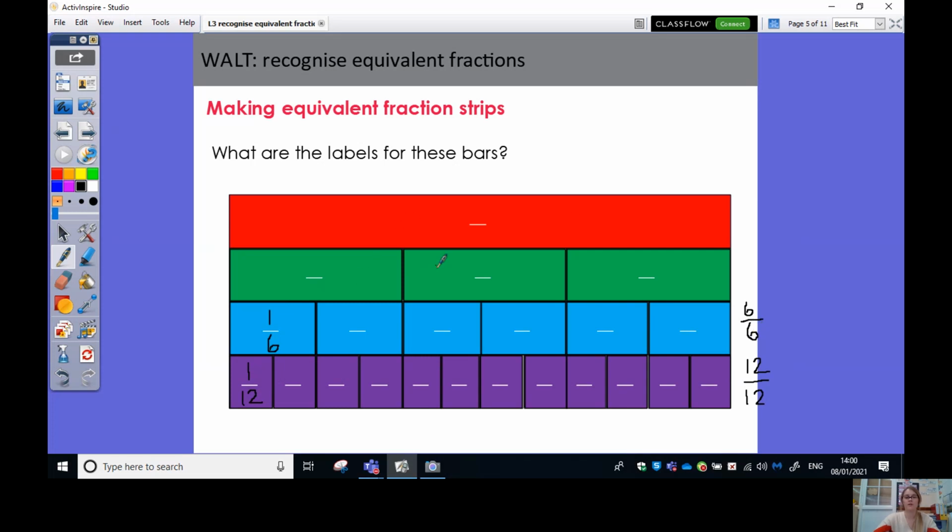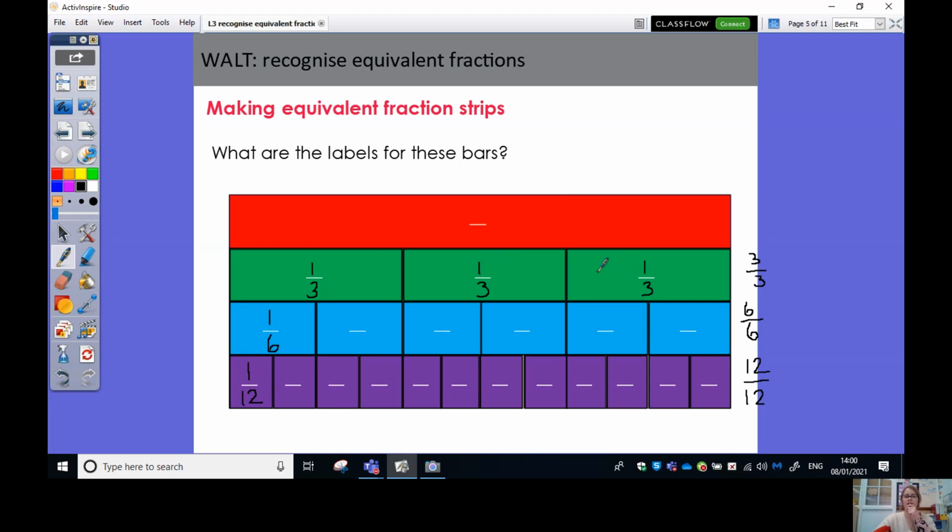Okay, the next one I've got 1, 2, 3 this time. So that one is thirds that it's split up into. So each green part represents 1/3. So in total in that strip, I have 3 thirds. So I want you to think carefully what's going to go on this top bar now.